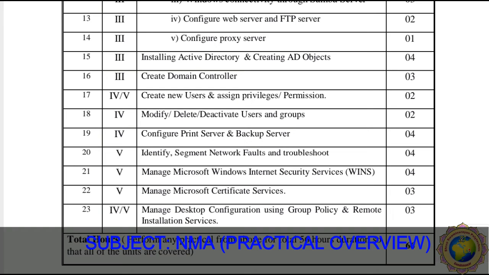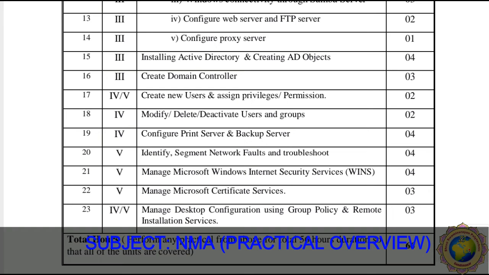So Windows Internet Network Security Services is nothing but WINS. So how do we manage this WINS role on a server? Practical 21 is defined with this aim, and the teaching hours required for this practical is 4 hours.